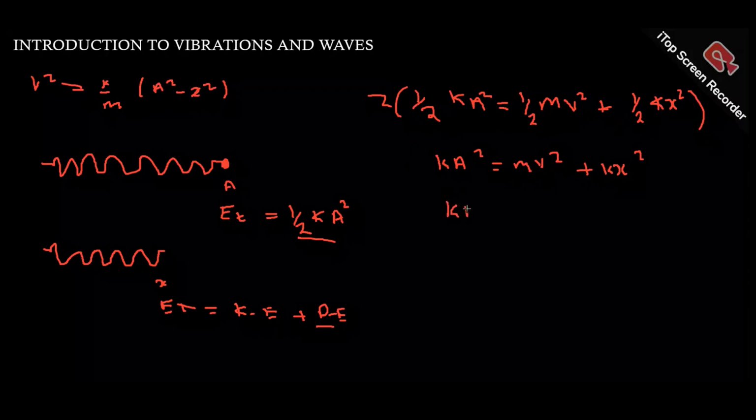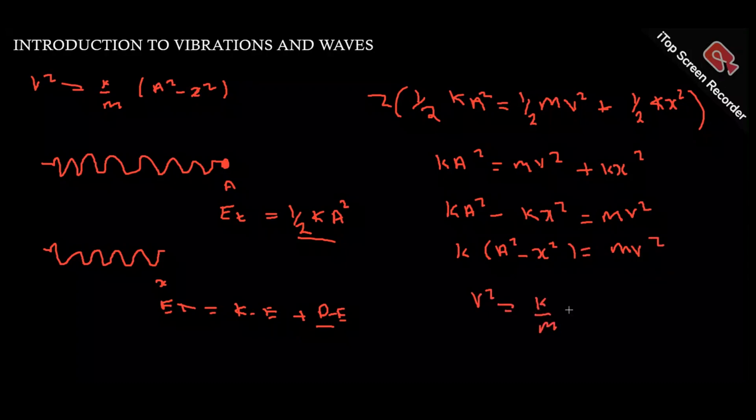So what we'll do is this guy will cross the equal sign. Let's factorize K, then from there let's divide by the mass. Then finally we have come up with the formula.